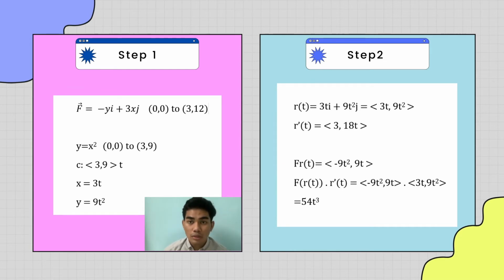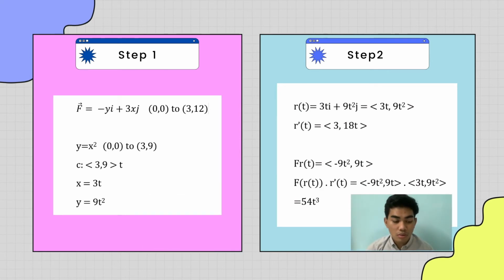We know that vector F equals negative 1 i plus 3x j and y equals x squared. So, the line segment is the terminal point minus the initial point, which equals <3, 9>. And from this line segment, we got the parametric equations x equals 3t and y equals 9t squared.